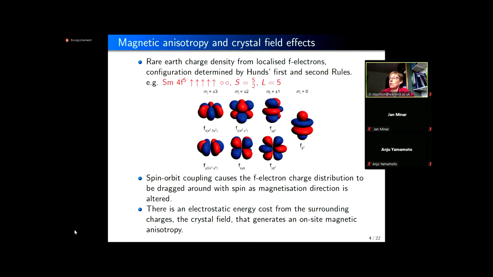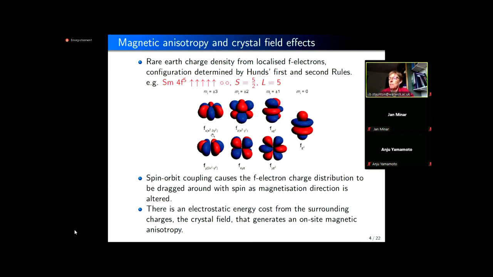So pretty much you can understand these localized F-electron state configurations from Hund's first and second rules. So you'd maximize the spin, and you'd also maximize the orbital angular momentum. And so we'll have these pictures here that I've shown on the slide of the distributions of the wave functions, of the charge distributions.